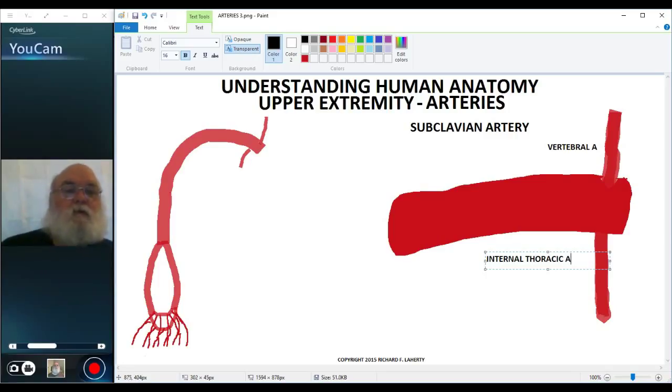The older name for it was the internal mammary artery.